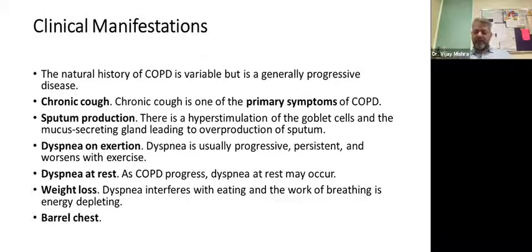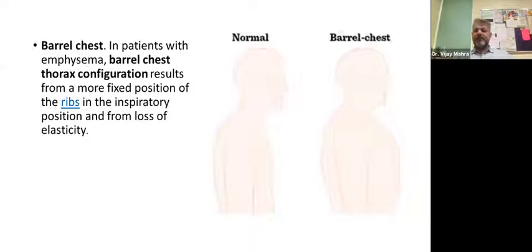These patients, especially the emphysema patients, may have a barrel chest. I'm sure most of you would have seen it. This is a barrel chest, a hyperinflated, fixed rib position. This is seen typically in emphysema, but it can also be seen in COPD patients.